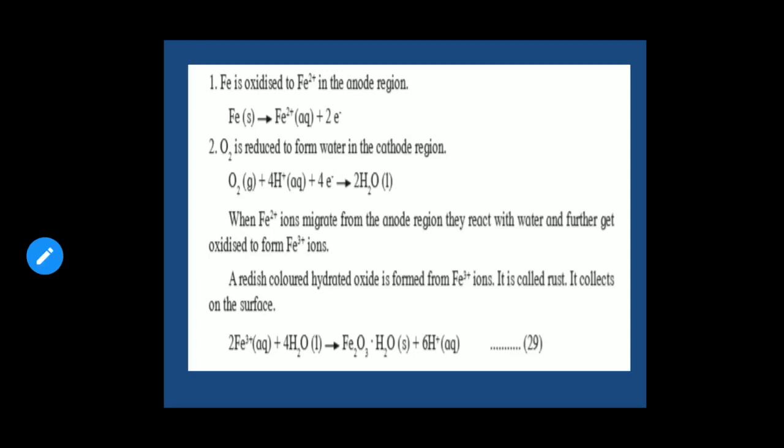It is called rust. It collects on the surface, and the final reaction is 2Fe3+ in aqueous form plus 4H2O in liquid. It gives Fe2O3.H2O, that is hydrated ferric oxide, plus 6H+.